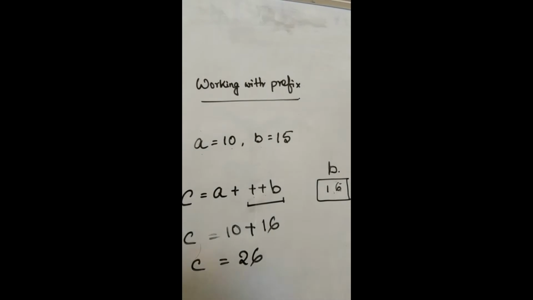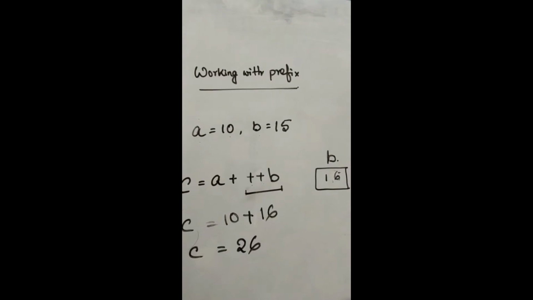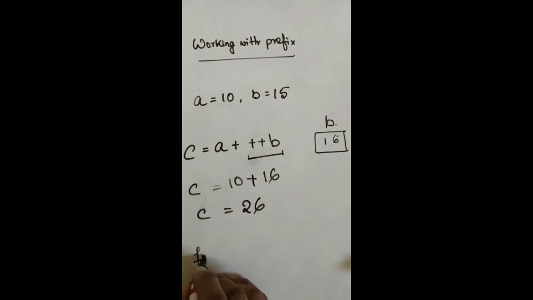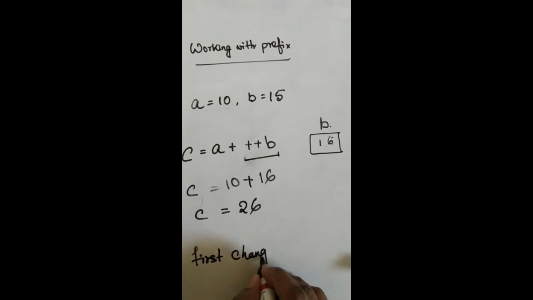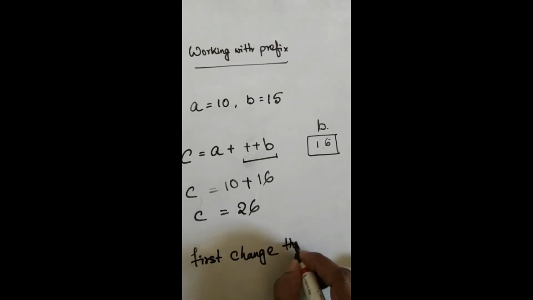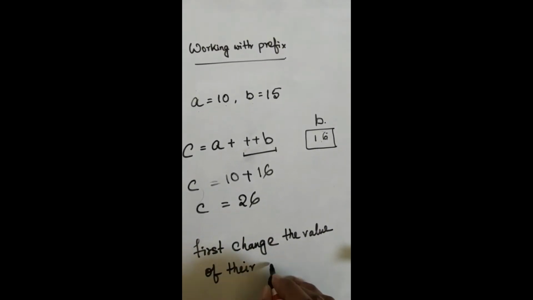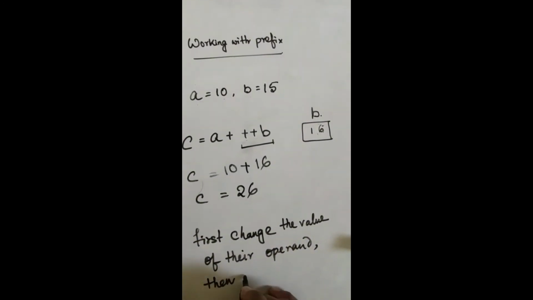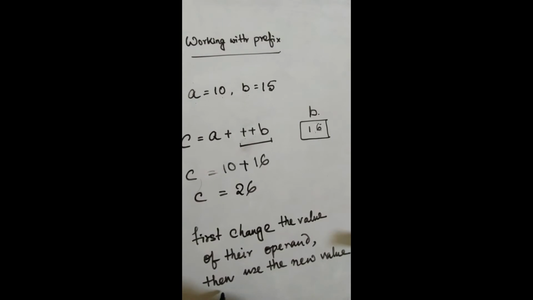So remember that in case of a prefix increment or decrement operator, it first changes the value, then we use the updated value in the expression. That is the statement we have to remember: first change the value of the operand, then use the new or updated value for evaluating the expression.